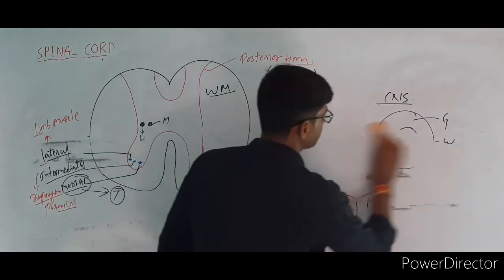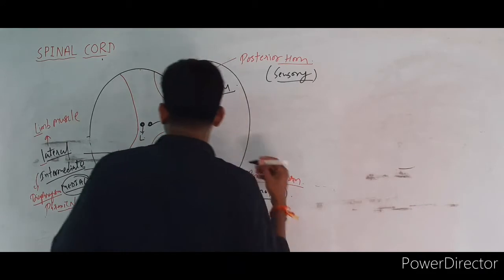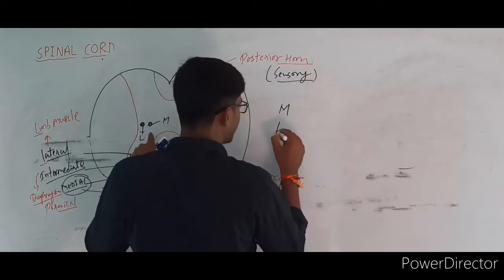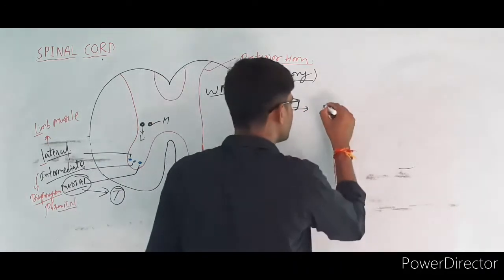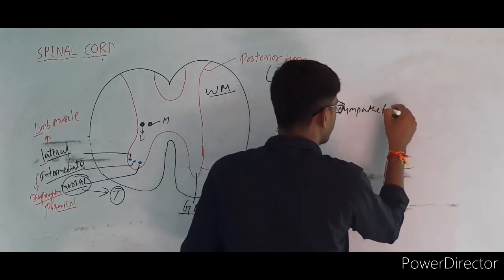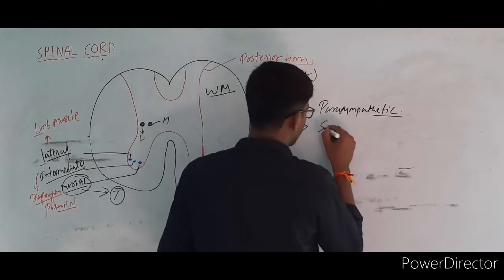It's very simple. This is the medial and here is the lateral. Medial is for parasympathetic innervation, and the lateral for the sympathetic.